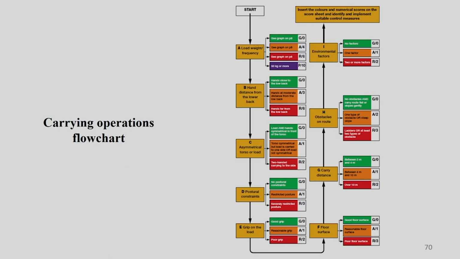It starts with the load, weight and frequency, that is component A, which has four specific categories: green, orange, red and purple. Then second, hand distance from the lower back, that is, how far your hand is from your lower back. So are you holding the object close to your body or away from your body?